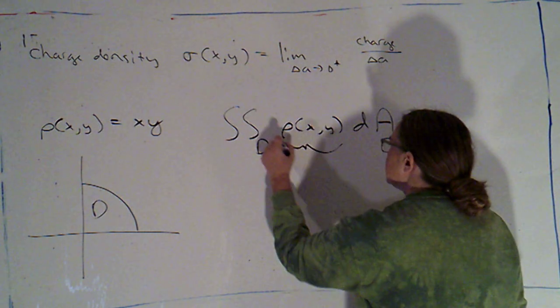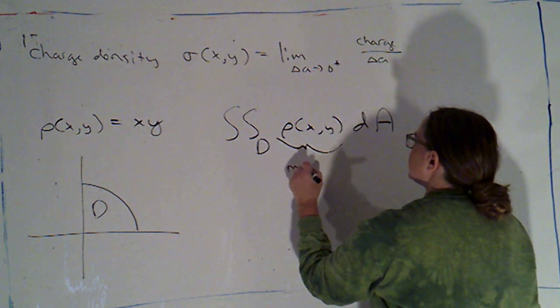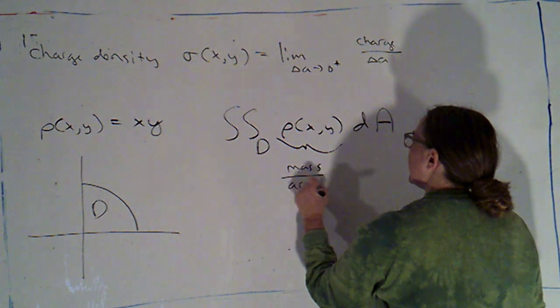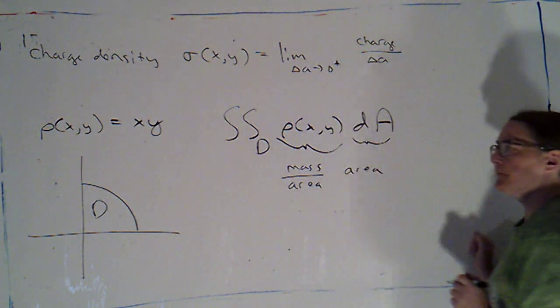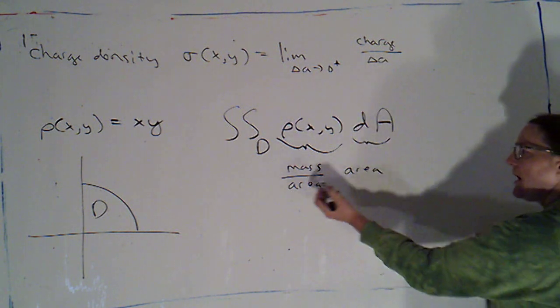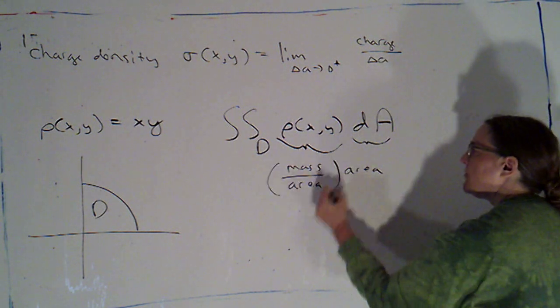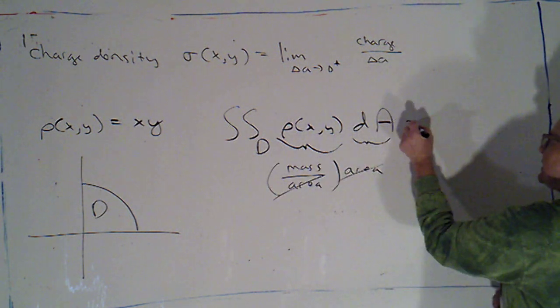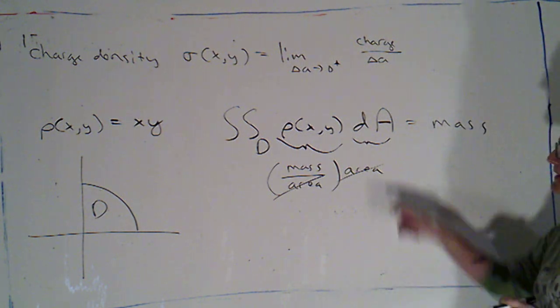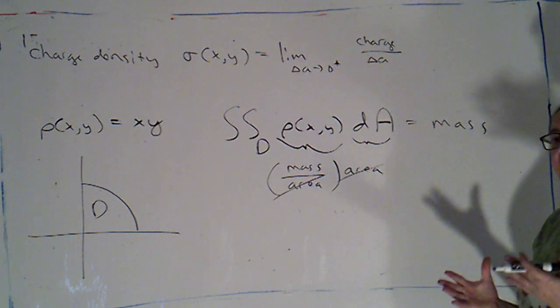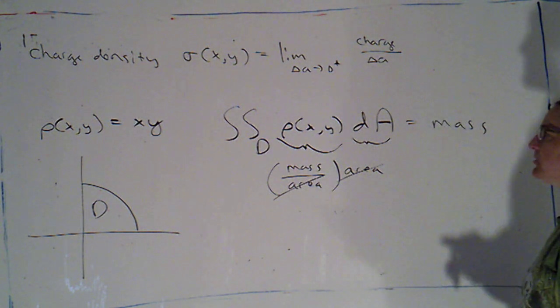So if I look at this, this was mass per unit area. I'm integrating with respect to area. So what I'm getting is what I would get if I multiplied mass per area times area, which is just mass. That's a nifty way of figuring out what an integral is actually calculating.